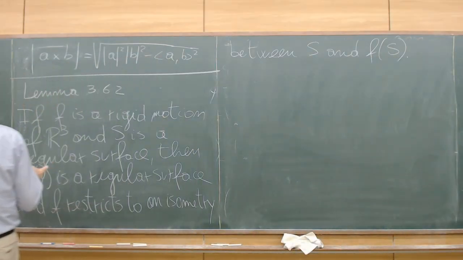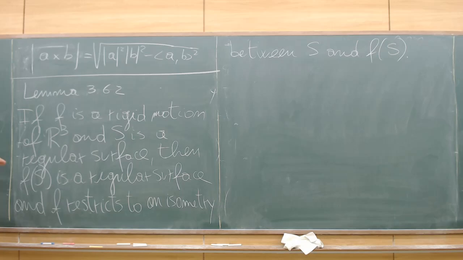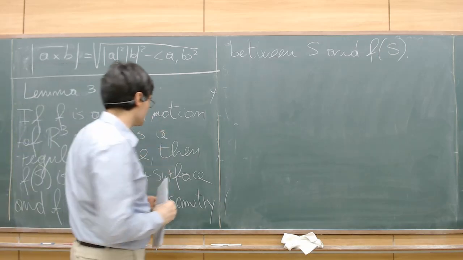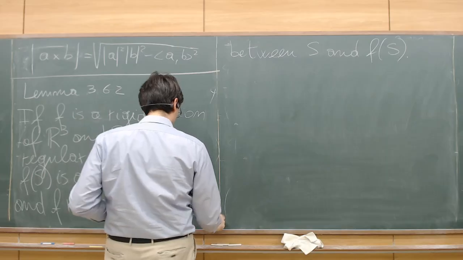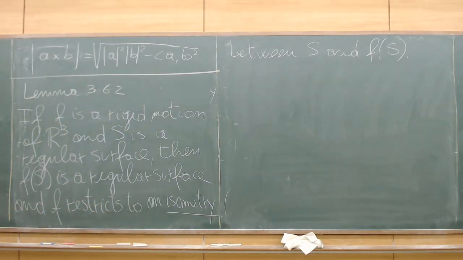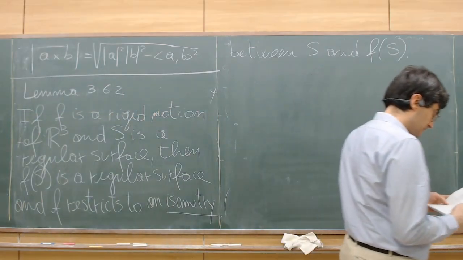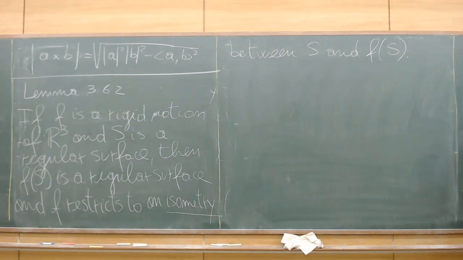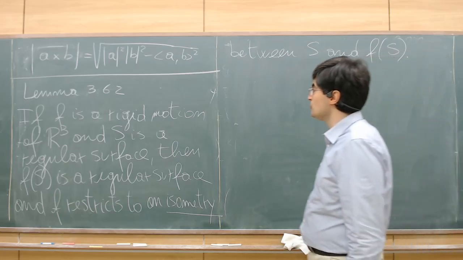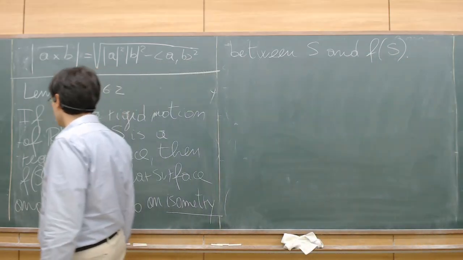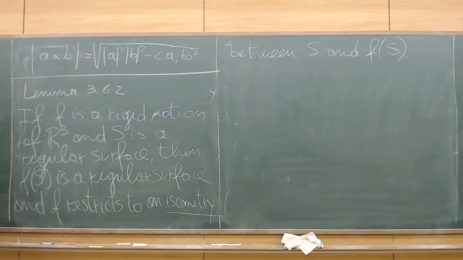So this result says that the restriction to a surface of a rigid motion is an isometry. Now, how to prove it? I would like to give at least the idea. The proof uses a result we presented in the past.